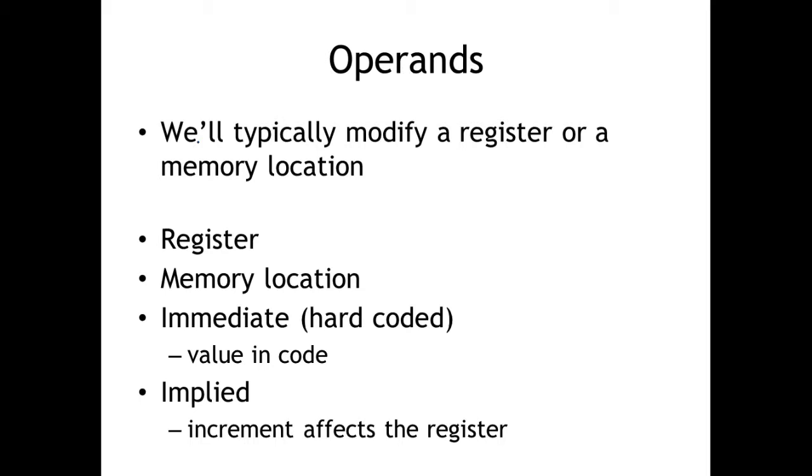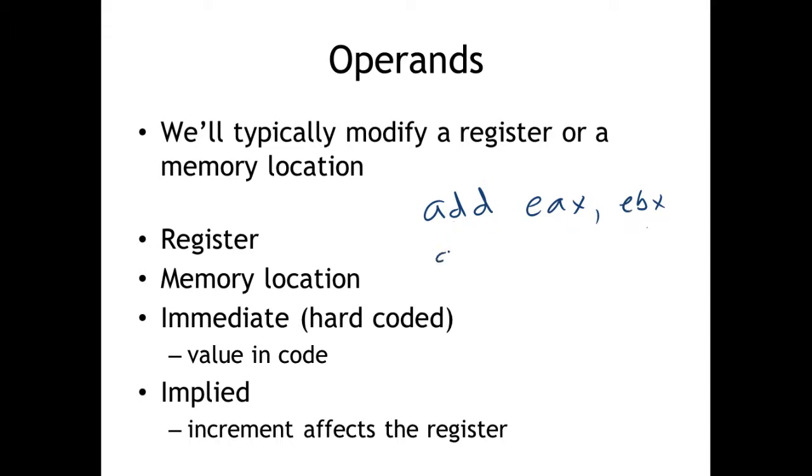So what is an operand? Operands are like arguments to that instruction, that mnemonic that we're calling. Typically what these operands are going to do is modify a register or a memory location. Like you saw with the example we looked at already, if we have add EAX, EBX, then the mnemonic is add, and these two are registers.